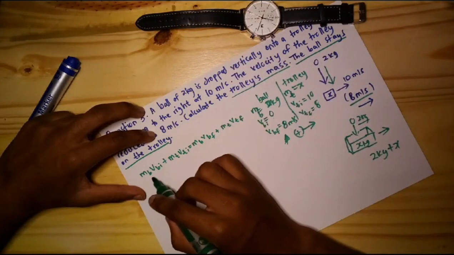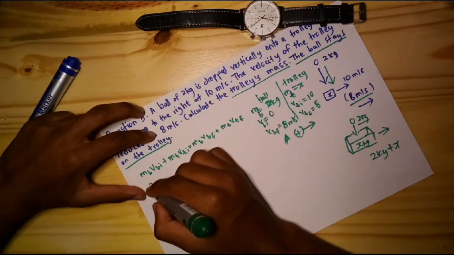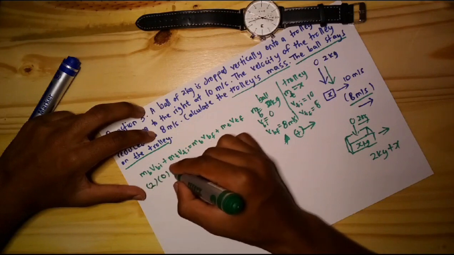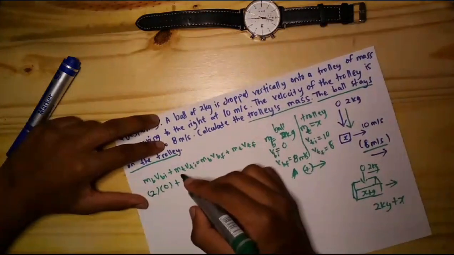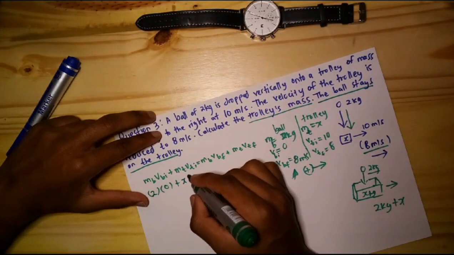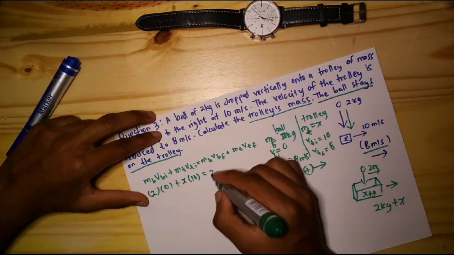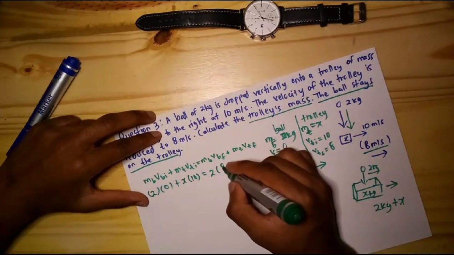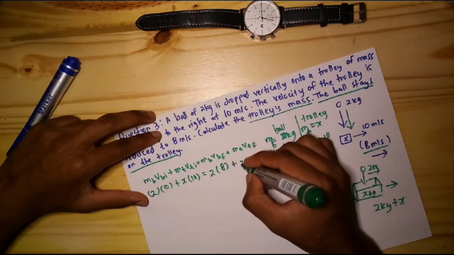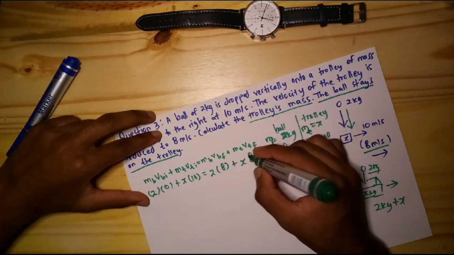Secondly, we enter the masses. The mass for the ball is 2, and in the horizontal direction it has a velocity of 0. The trolley has an unknown mass and its initial velocity is 10. That's equal to the mass of the ball, 2, with the new velocity 8, plus x and 8 as well.